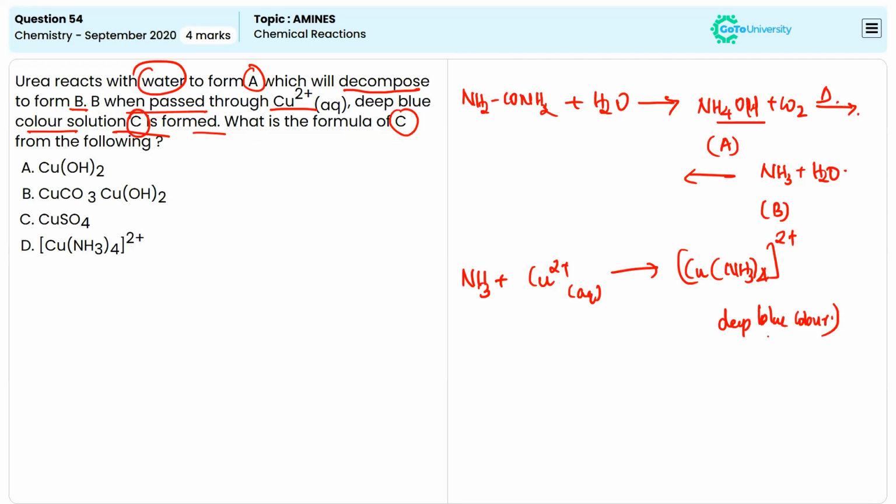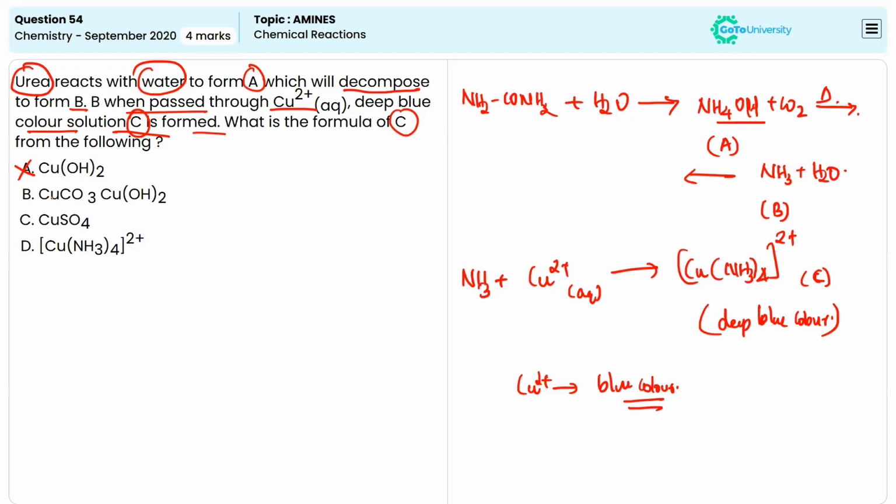This is the deep blue colored solution. The Cu2+ ions are the reason for the blue color of the species, right? So here the compound C produced is a complex of copper and ammonia. So coming to the options, option A is copper hydroxide. This is not produced here because we have the reactant urea. Option B, copper carbonate and copper hydroxide, is also not possible because copper carbonate cannot be produced in the reaction.